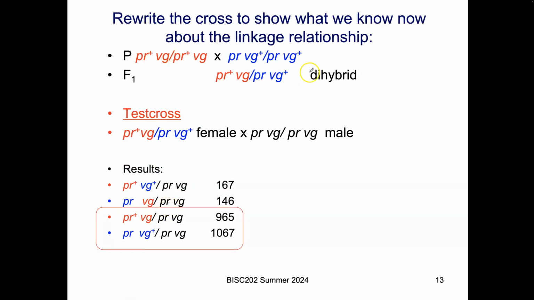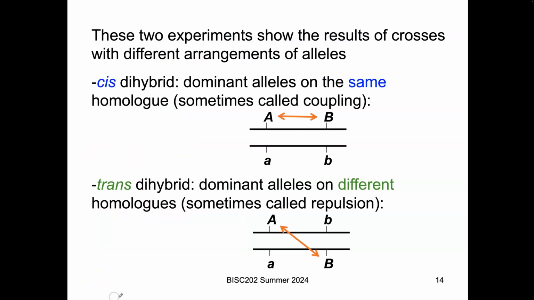Okay, and so if we rewrite it, given what we know about the relationship between those genes, then they're written this way, right? This shows us a trans dihybrid, which I'll talk about in a minute. So there are two different possible arrangements that we can see with dihybrids for linked genes.